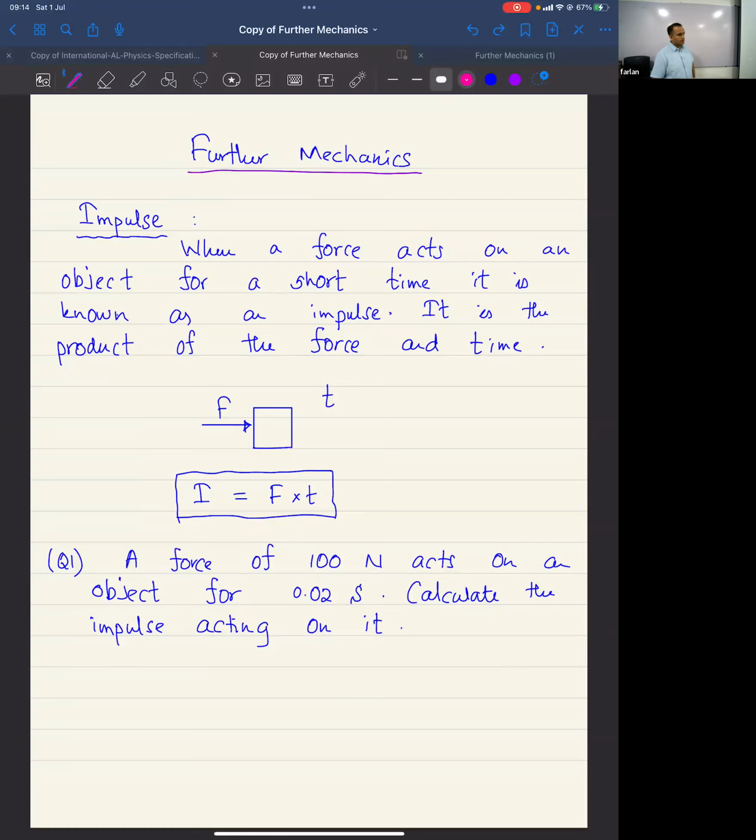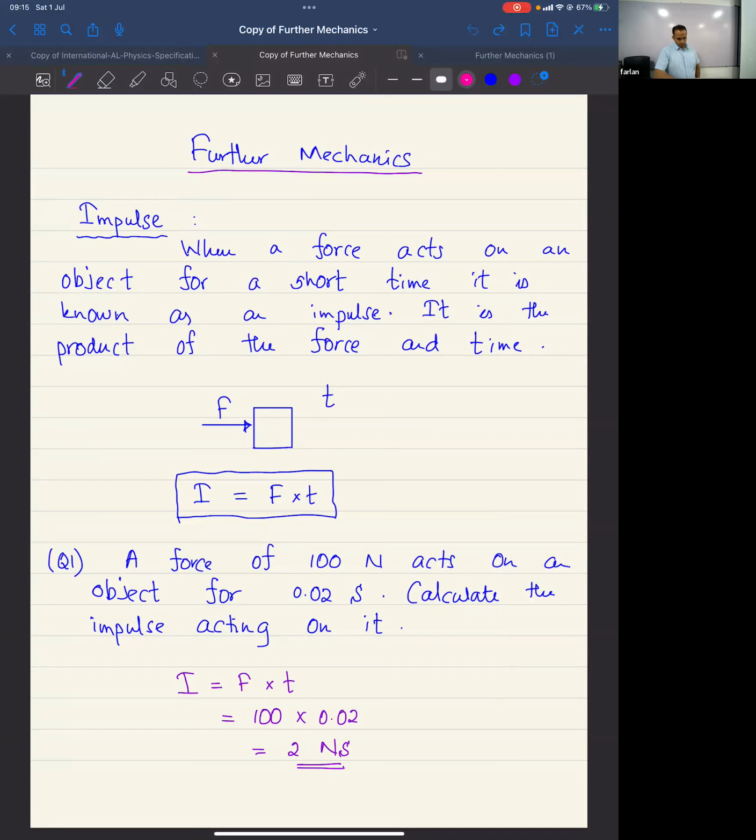Calculate the impulse acting on it. It will be just the product of force and time, 100 into 0.02, that is 2 Newton seconds.